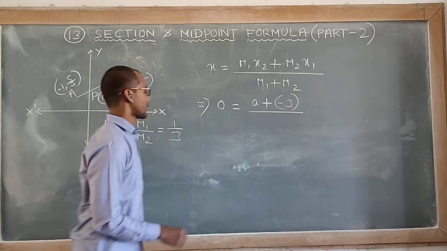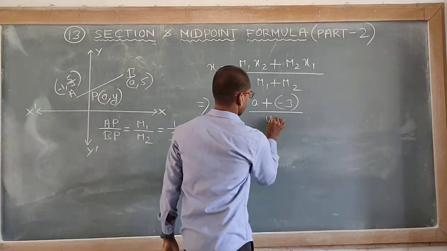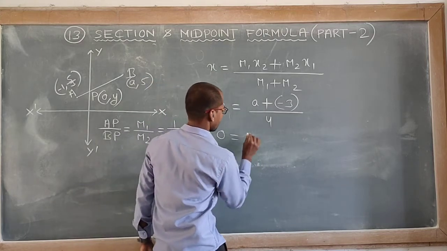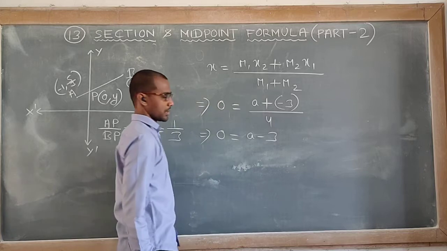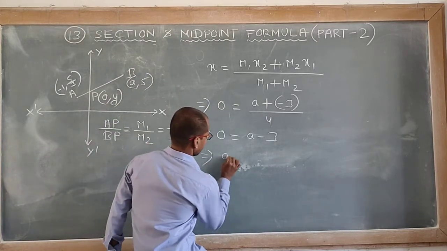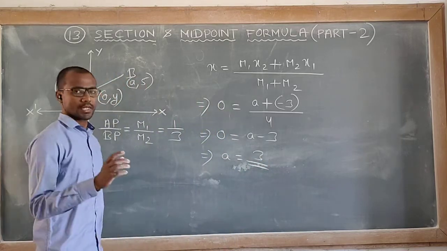Divided by m1 plus m2, which is 1 plus 3, which is 4. Bring 4 to the left side: 0 into 4 is 0, so a minus 3 equals 0. So a is equal to 3. The value of a is 3.